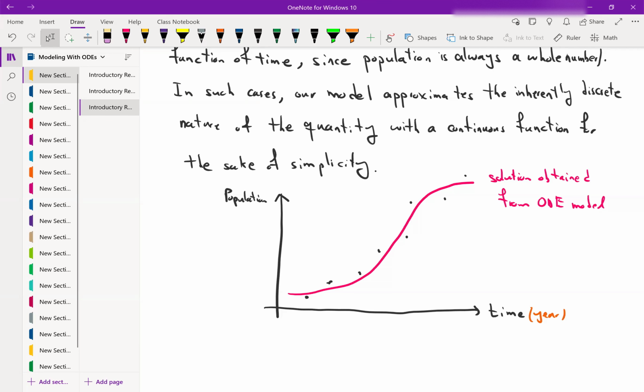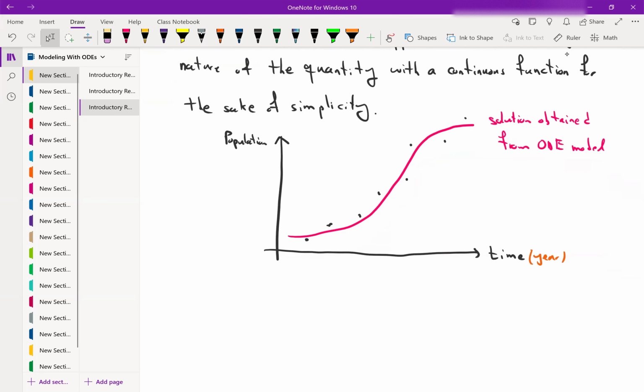So keep this in mind. Don't get surprised if you are modeling a quantity that in reality can only attain integer values, whole number values. But when you construct your differential equation model, solve the model, you will arrive at maybe irrational values for that quantity. Remember that this is an approximation of that actual value that happens in reality.